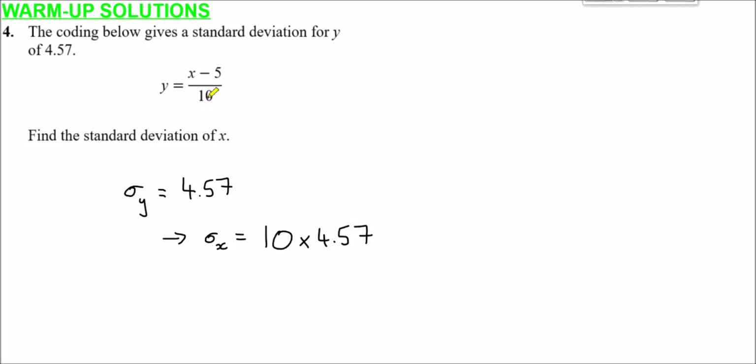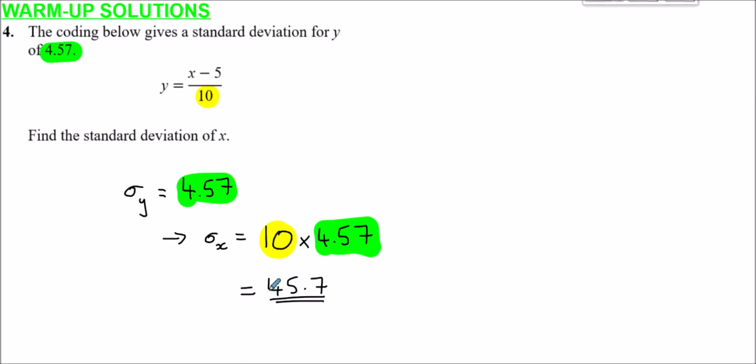So we undo this dividing by 10 by multiplying by 10, and we're multiplying by 4.57 because it does say that the standard deviation for y is 4.57. So if we do that, we don't need a calculator. Use one if you really must. 10 multiplied by 4.57 is 45.7.